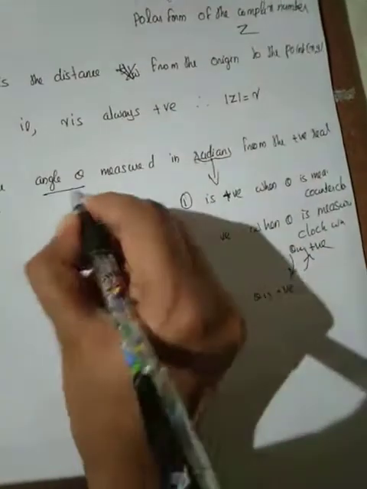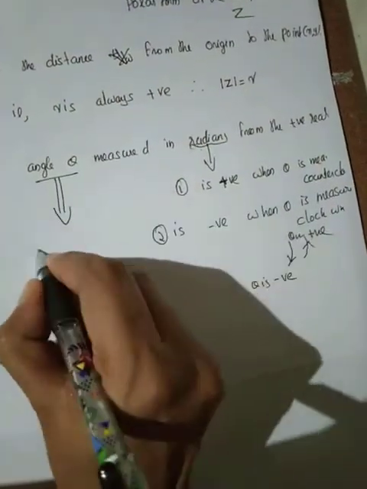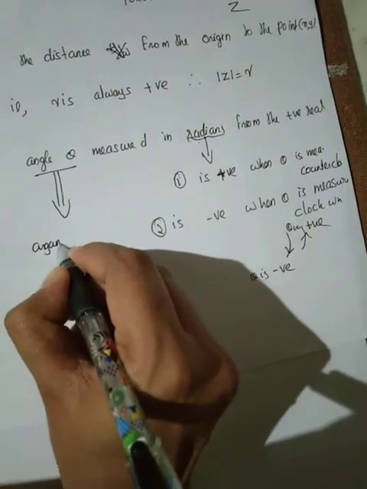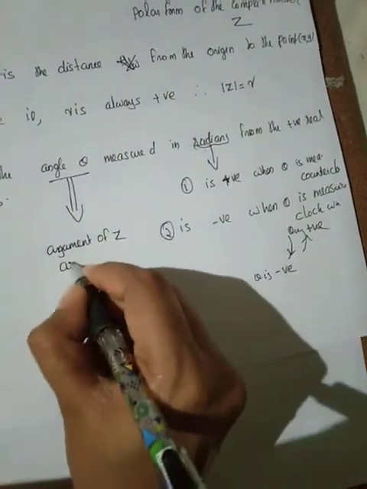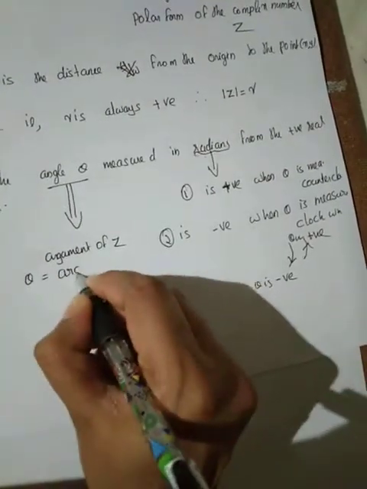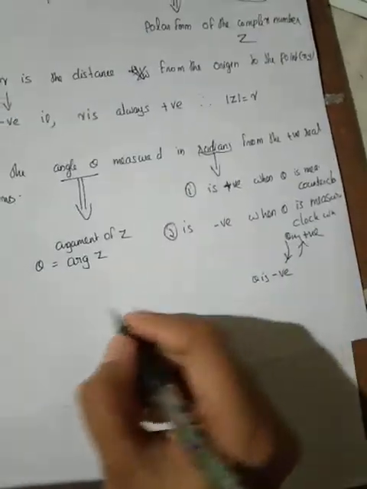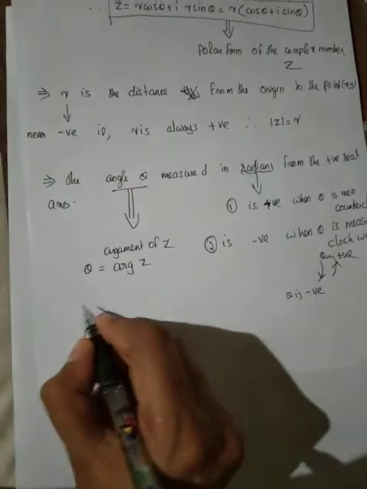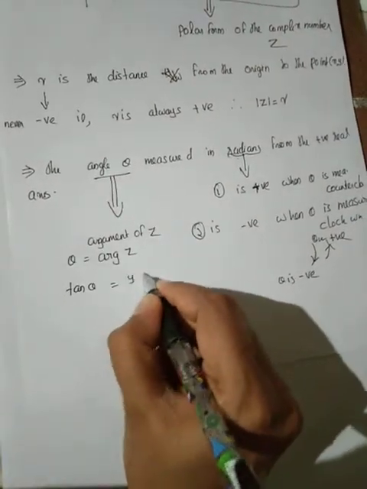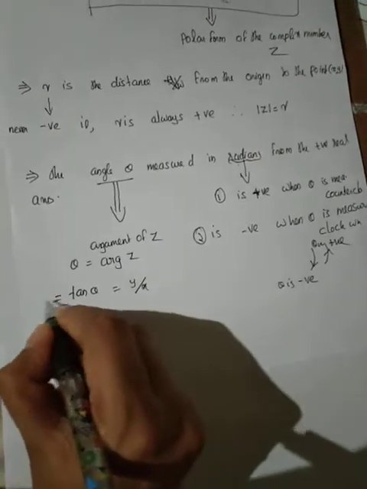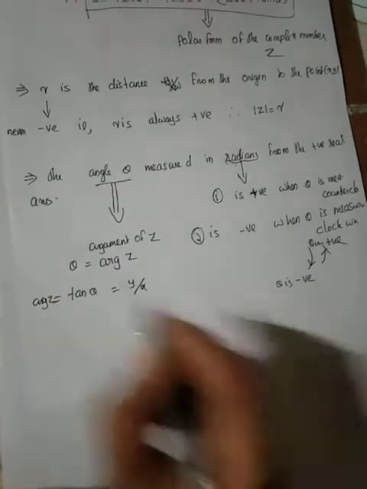The angle theta is also called the argument of z. That is, theta equal to argument of z. We know that tan theta equal to y by x, that's equal to the argument of z.